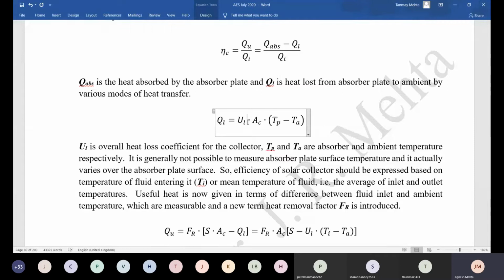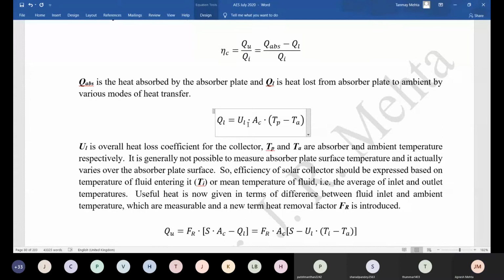You have to give different information, and only then the efficiency can be stated. So UL is the loss coefficient, which is, in a way, a constant for a given collector. It depends upon the type of collector and the material of the collector, etc. So UL value has to be stated.